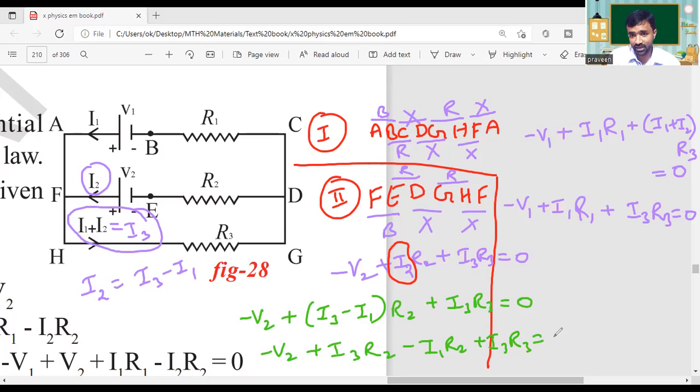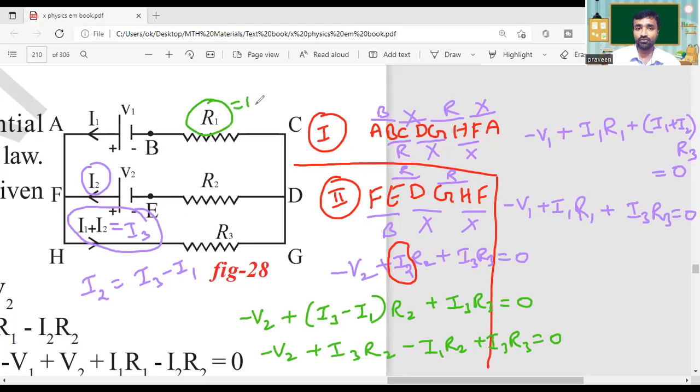In this way you change the equation so only two currents, I1 and I3, are present. Is it possible to solve or not? Yes, possible, because the values of R1, R2, R3 are given.